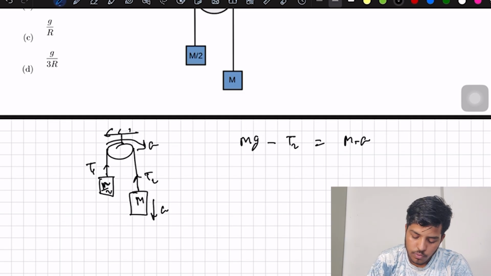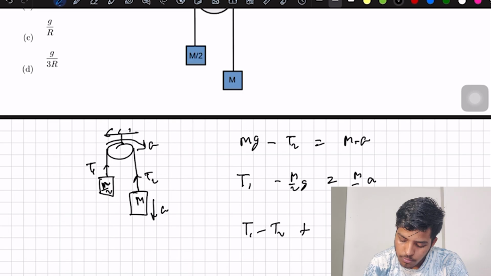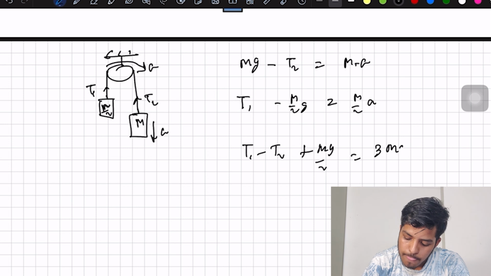And the equation for this is T1 minus mg upon 2 equals m upon 2 into A. So let us add these: T1 minus T2 plus mg upon 2 equals ma plus ma by 2 equals 3ma by 2. So T1 minus T2 equals 3 upon 2 ma minus mg upon 2.